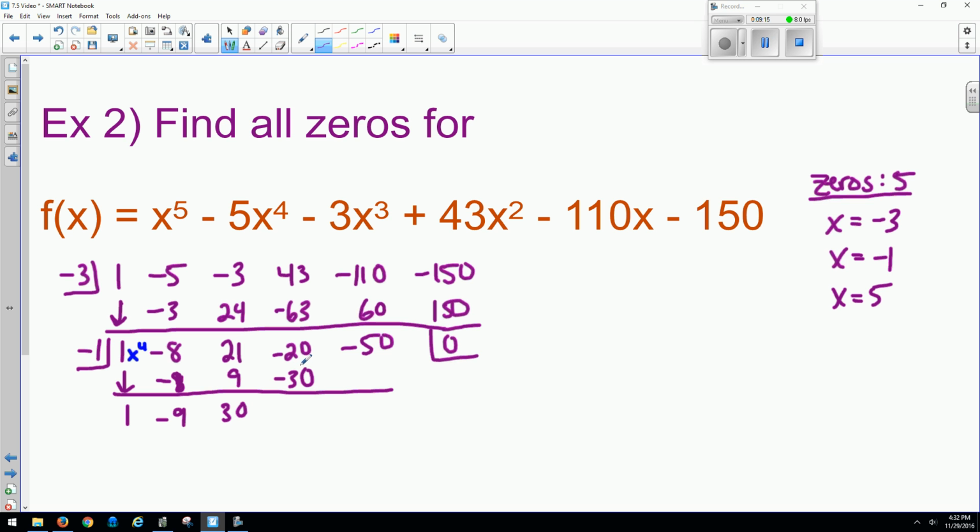You can certainly do a few to-dos while you're doing this. It's very helpful. Add those up, we have a remainder of 0, that's what we want. So then this would be, because this was x to the 4th, we would have x cubed right here, and we're going to go ahead and do synthetic division one more time with our last 0, which is 5.